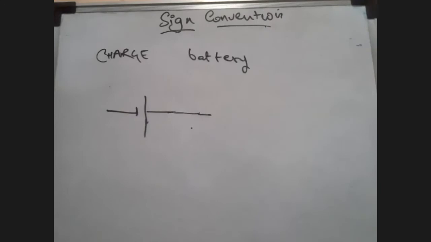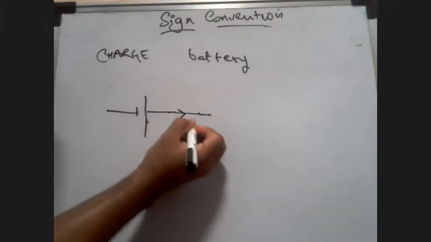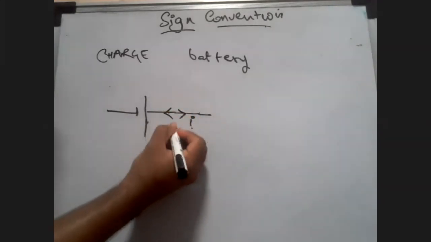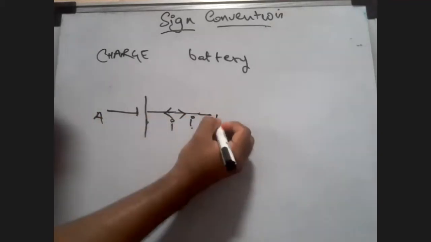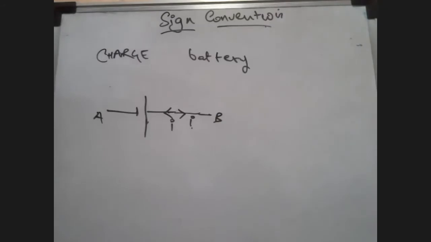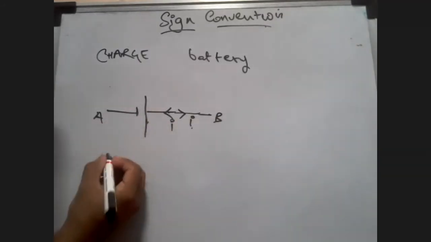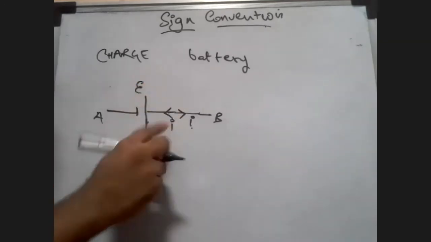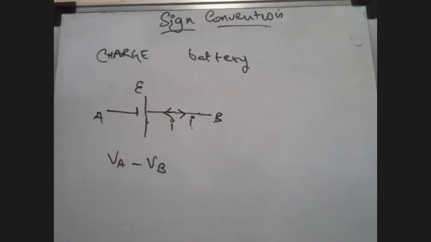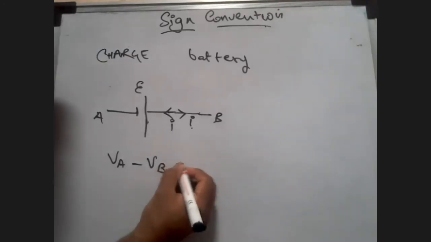Potential difference, whether the current is going like this or like this, won't matter if you are just finding out the potential difference. VA minus VB will be what? If this is epsilon, don't look at the current here. Whether it is charging or discharging doesn't matter. All you have to see is how the battery is placed.